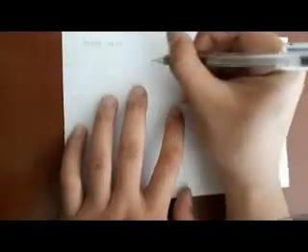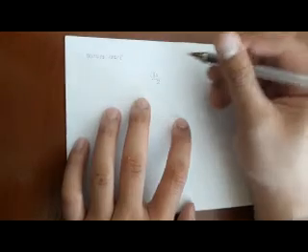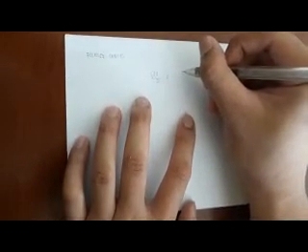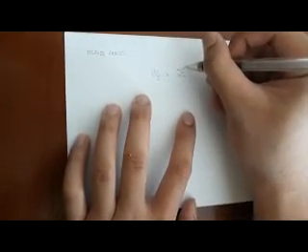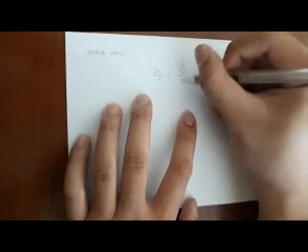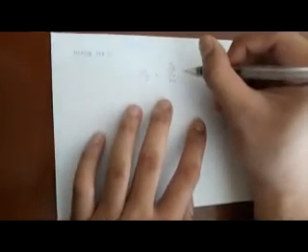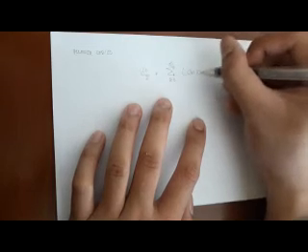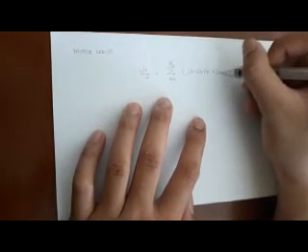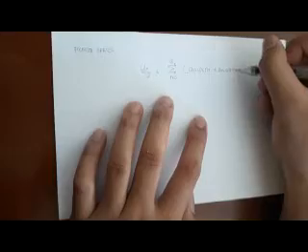After that, we will substitute what we got into the main formula. The main formula is a0 over 2 plus the summation of n is equal to 1 to infinity, an cosine nx plus bn sine nx.